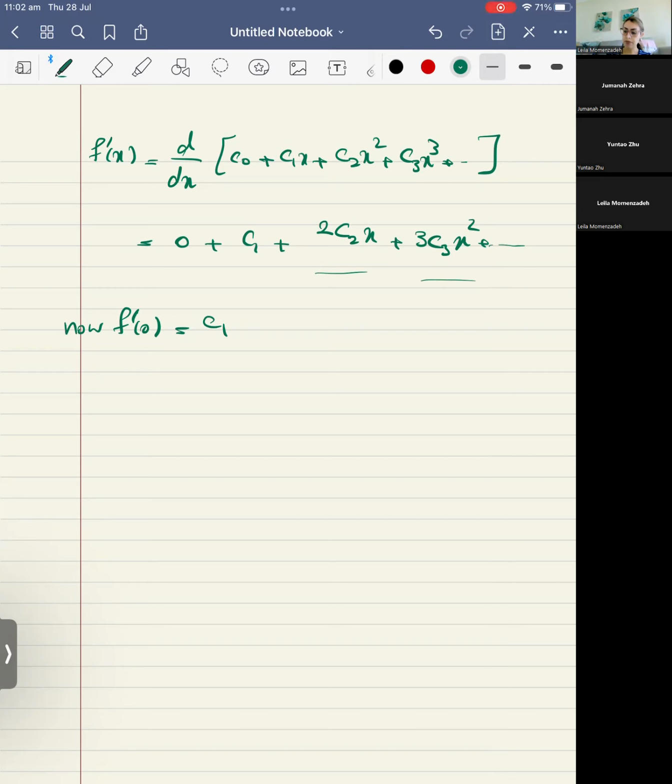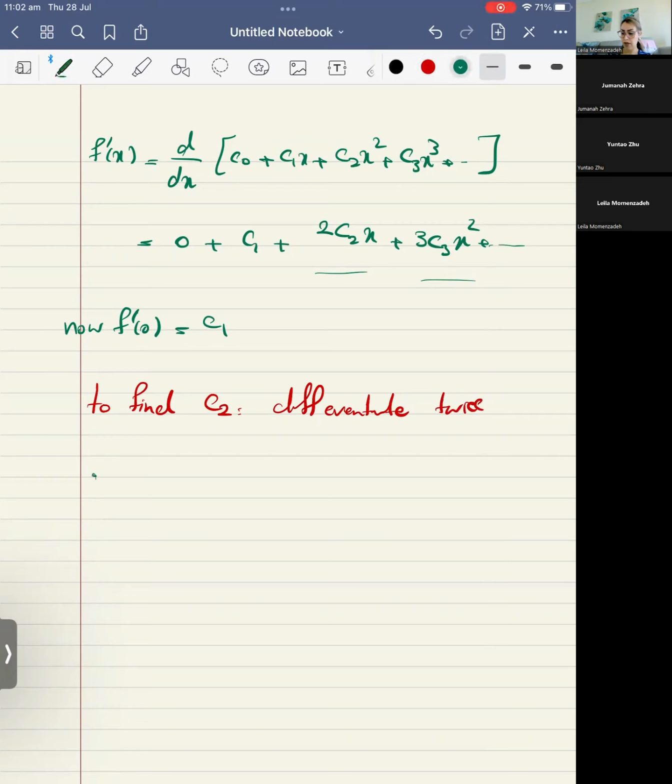Now again, the same for finding c2. To find c2, you can differentiate twice.